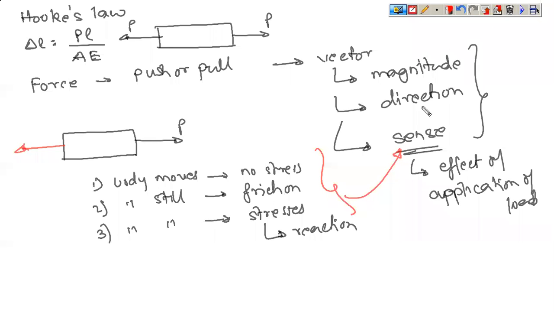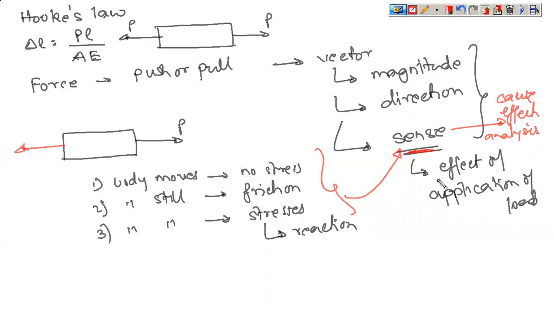So magnitude and direction is the physical definition of a vector, whereas in engineering terms, you have to understand sense. This sense is actually cause effect analysis. Cause effect analysis says that if cause and effect do not exist in the same equation, that equation is not an engineering equation which can be used for any mathematical application.